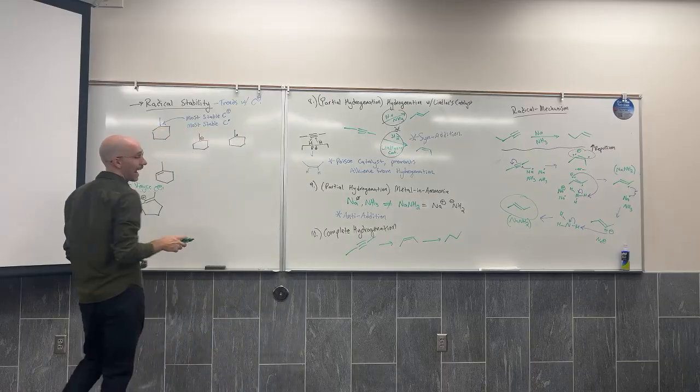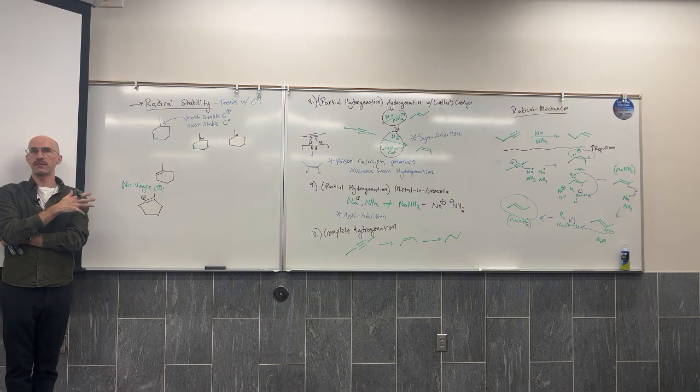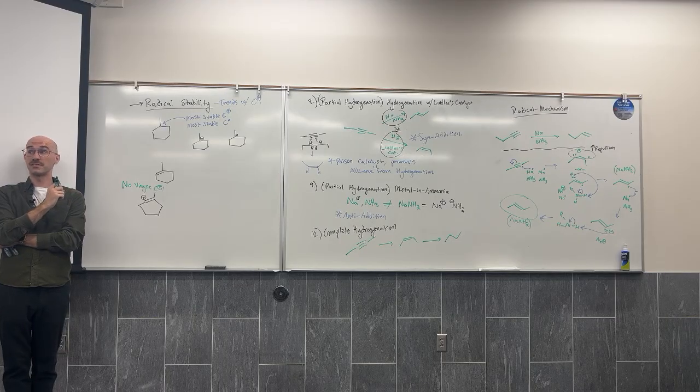I'm looking at allylic positions. How many allylic positions are there? Actually, let me ask you this. What is the degree of substitution of the alkene? Mono, di, tri, or tetra substituted? It's a tri-substituted alkene.